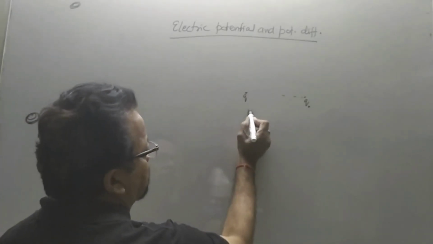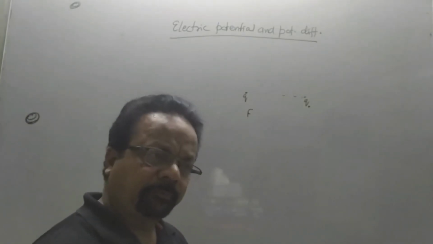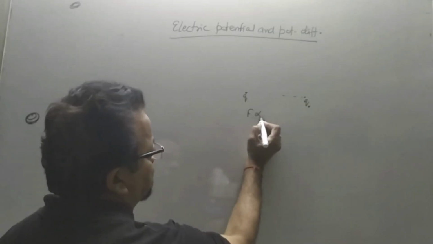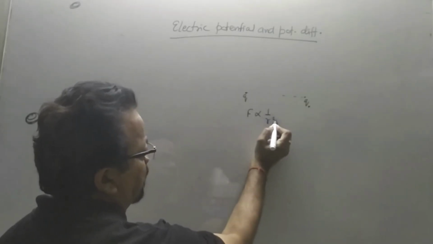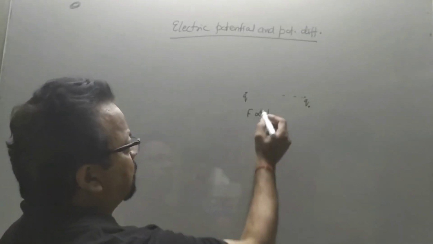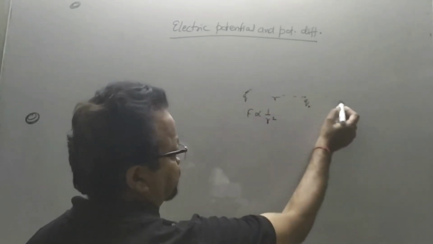This force is known as electrostatic force or Coulomb force, and this is inversely proportional to the square of distance. Clear that when distance increases, this force decreases.